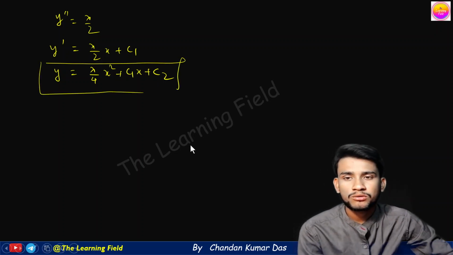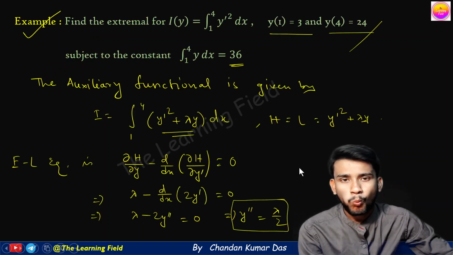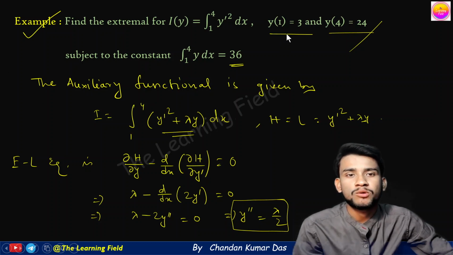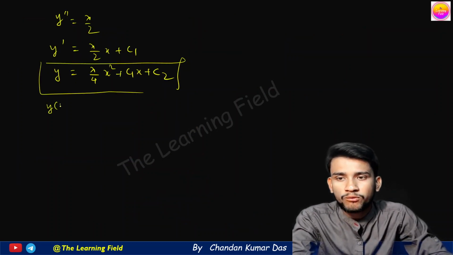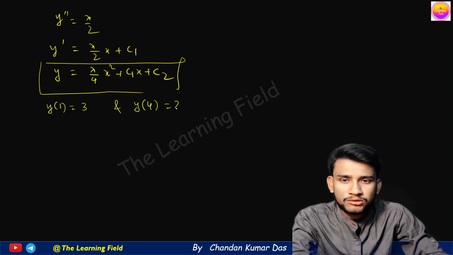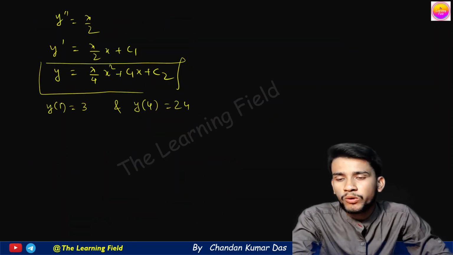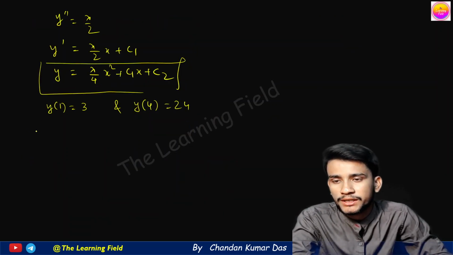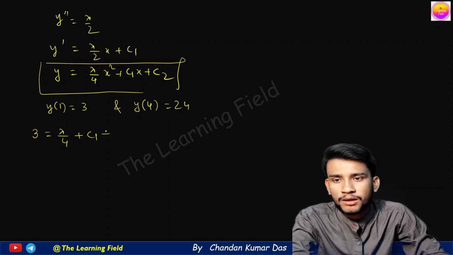Okay, now what we can do, we apply the conditions, y(1) equal to 3 and y(4) equal to 24. So y(1) equal to 3 means we get 3 is equal to lambda by 4 plus c1 plus c2.